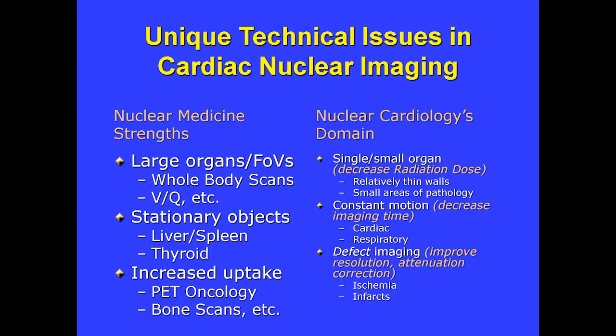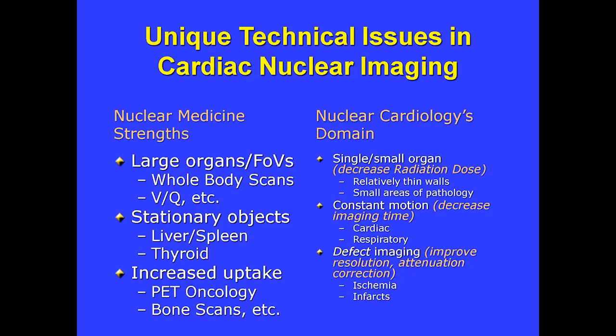We also like to look at stationary objects like a liver spleen scan, thyroid, brain. These are things that are not going to move. But we're also looking for things that generally demonstrate increased uptake, such as in PET scanning or bone scanning. With FDG and other tracers, you're looking for focal hotspots that would suggest sites of disease.